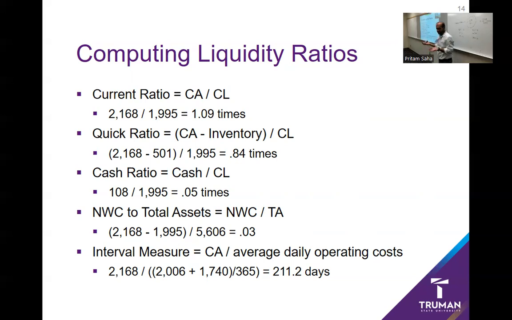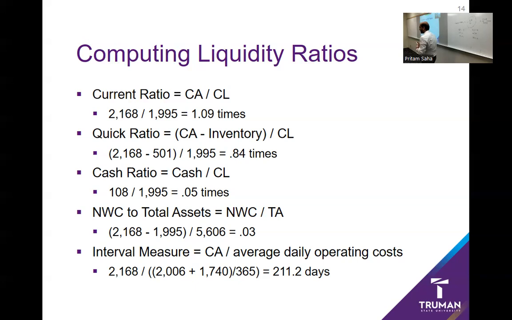Consumer staples, right? Because products in Casey's General Store, Walmart, are easier to sell than someone selling weapons, right? So in those cases, two different corporations could have the same current ratio, but they are not equally liquid, right? Because their inventory is difficult or easy to sell depending on the nature of the business.